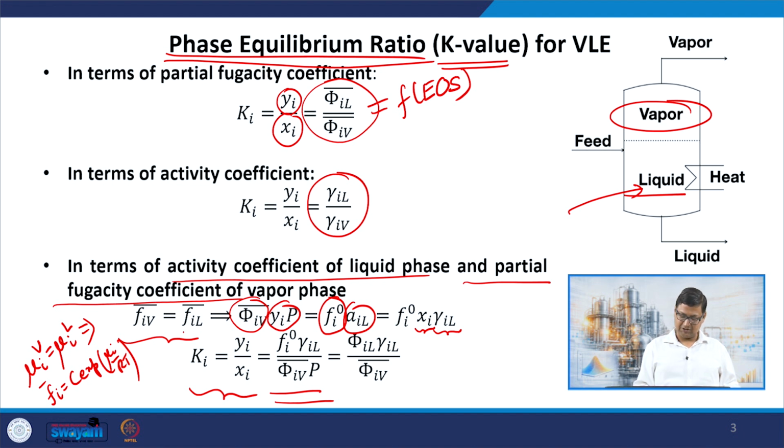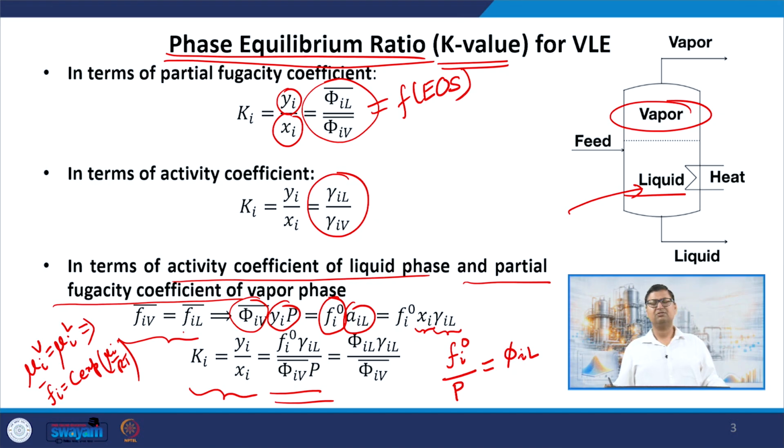And if you think about it, this fi naught by P can be thought of as the fugacity coefficient for the pure component, because the partial fugacity coefficient is defined as the ratio of the partial fugacity by the yiP.